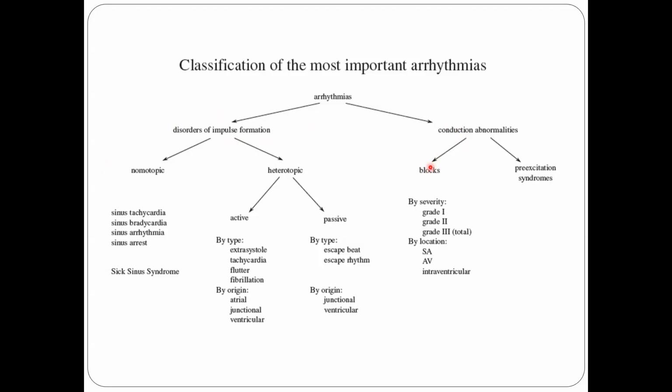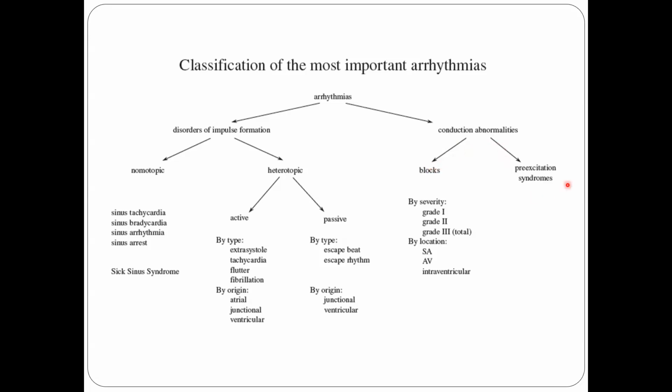If the impulse is made somewhere, it should be propagated all over the muscles, all over the ventricles, and contract the heart. If we have any kind of block, the impulse is not propagated and the heart is not going to contract. This is what makes the arrhythmias.